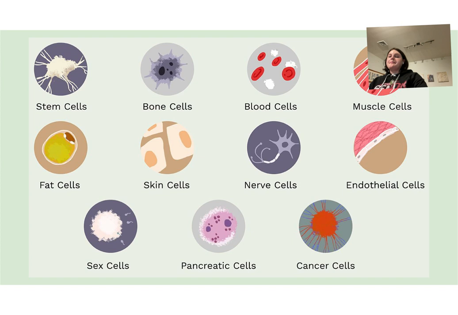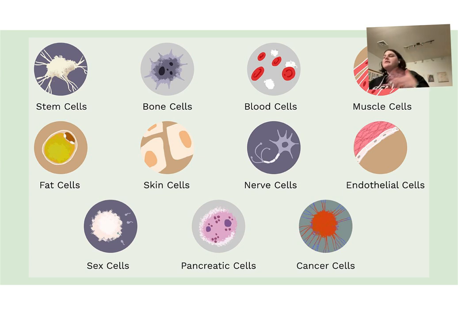Now, these are some major types of cells that exist in living organisms. We've got stem cells, bone cells, blood cells, muscle cells, fat cells, skin cells, nerve cells, endothelial cells, pancreatic cells, cancer cells, and of course our sex cells. Every type of cell on this page other than the sex cell is a somatic cell.